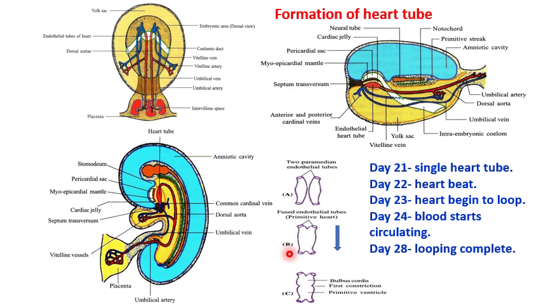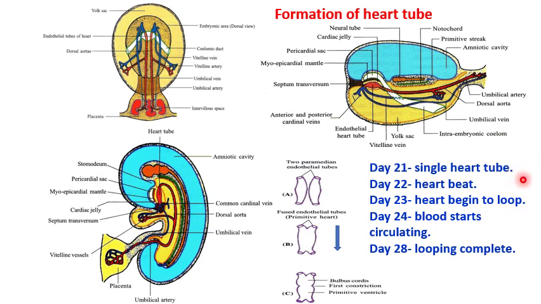And here, before the cephalic fold, the cranial end is the venous end and the caudal end is an arterial end. So once the cephalic folding occurs, there is reversal of these ends also, where now the cranial end becomes the arterial end and the caudal end of the developing heart tube becomes the venous end.